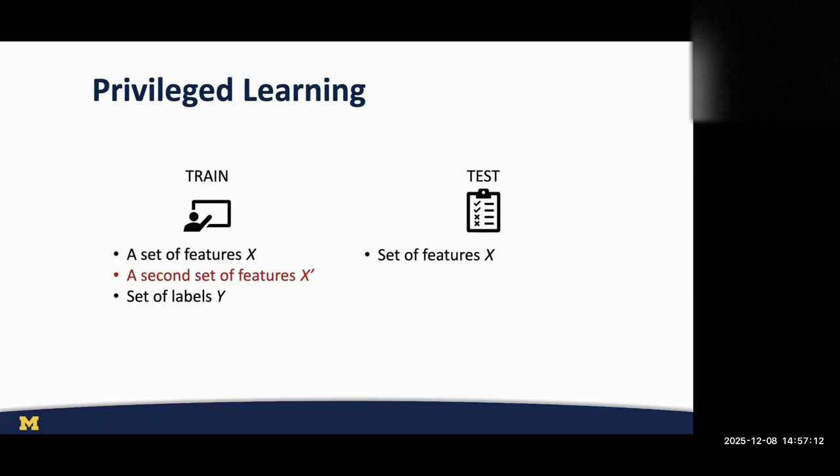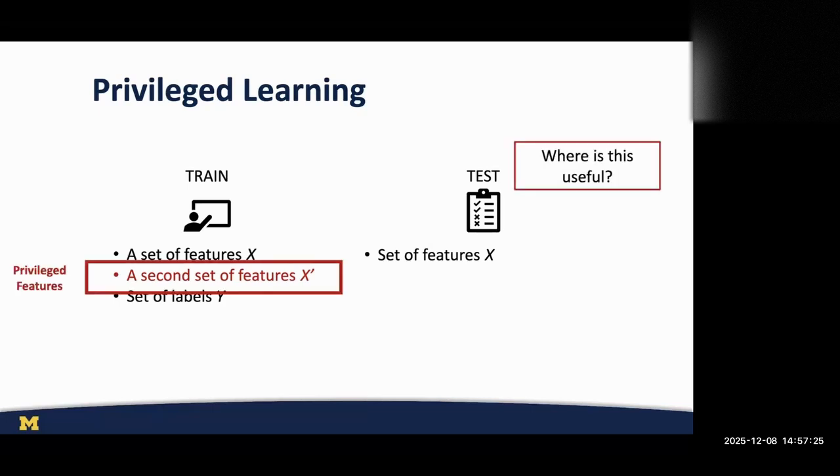In a privileged learning paradigm, which I'm proposing now, we add a second set of features, X prime, which is available only in training and not in testing. We call this second set of features privileged features. You can think of this like a teacher and a student.